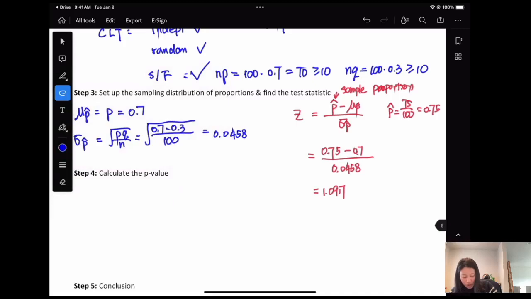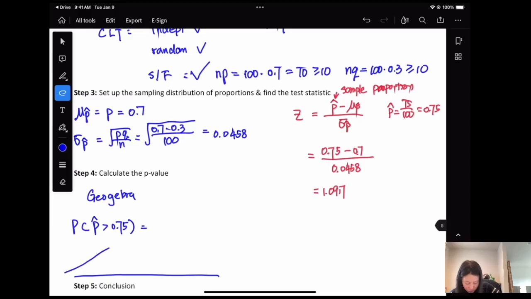Now calculate the p-value. If we use GeoGebra, we're trying to calculate the probability of p hat greater than 0.75, because it's more effective, and 0.75 is our p hat. It's a right tail test, so it's greater than 0.75. So what you are looking at on GeoGebra statistics, this is 0.7, one standard deviation is approximately 0.7485, and here is approximately 0.8.